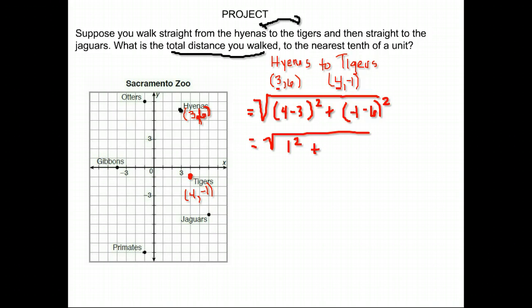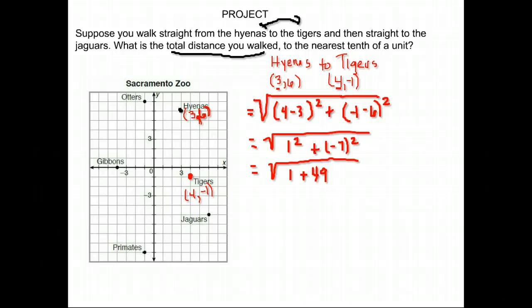Do parentheses first, so 4 minus 3 is 1, and -1 minus 6 is -7. We keep going. 1 squared, 1 times 1 is 1, and -7 squared, -7 times -7 is, notice, a positive 49.